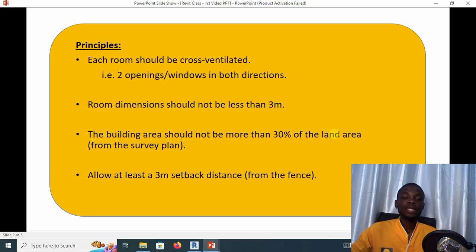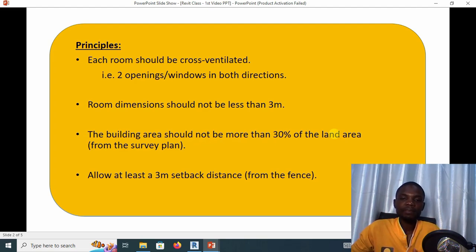So the next principle is that you have to allow at least 3 meters setback distance from the fence. If you are designing a building and that building is going to be in a compound and there are going to be fences, or even if there are not going to be fences, your building should be at least 3 meters away from the boundary of the land. 3 meters away from the boundary of the land.